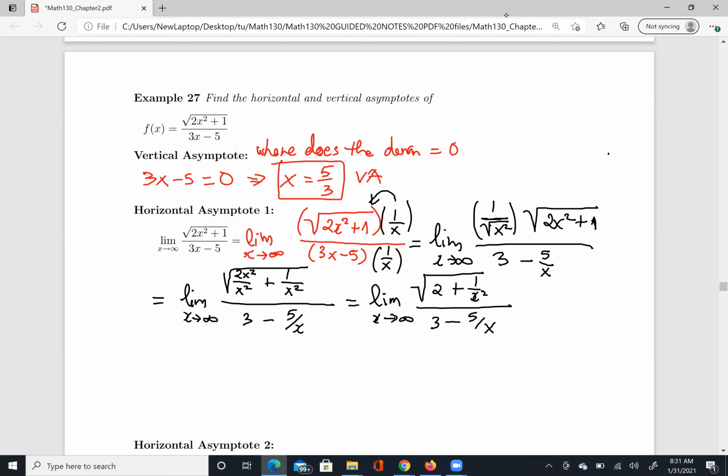So now you can easily have the square root of 2 plus 0, because 1 over x squared, when x goes to infinity, is going to be 0, divided by 3 minus 0. So then it will be equal to square root 2 divided by 3.